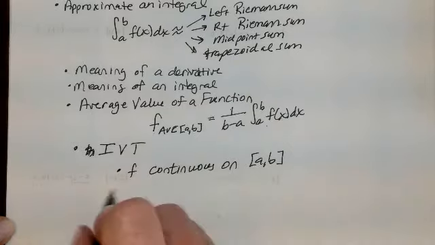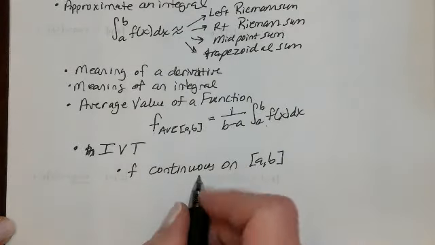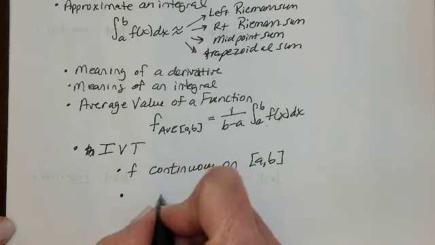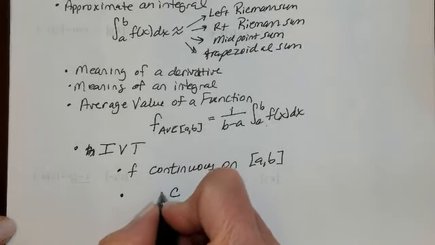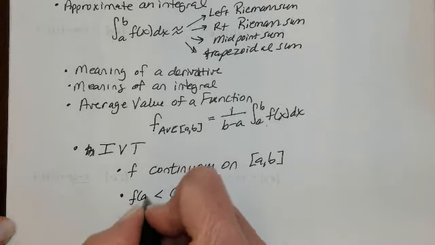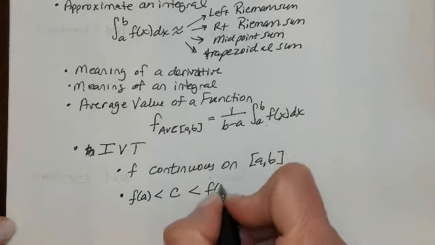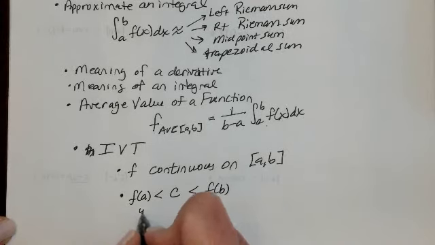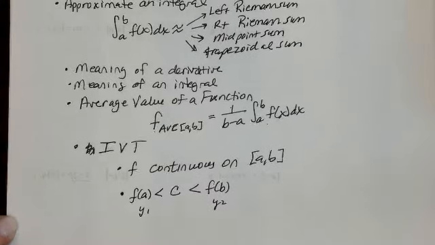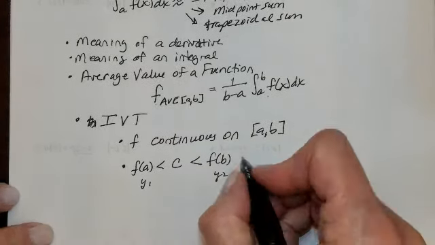And that's the only requirement to use the intermediate value theorem. What it says is, if you have some value, I'm going to call it C, and C is between f of a and f of b, so keep in mind these are the y values. So there's some other y value that's between two y values.